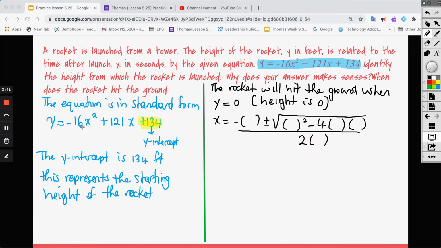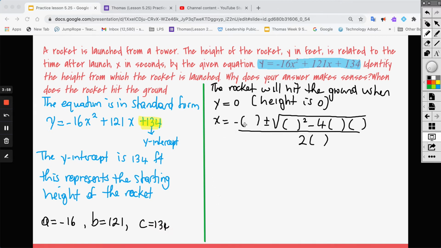So going back to our original equation, a is equal to negative 16, b is equal to 121, and c is equal to 134.